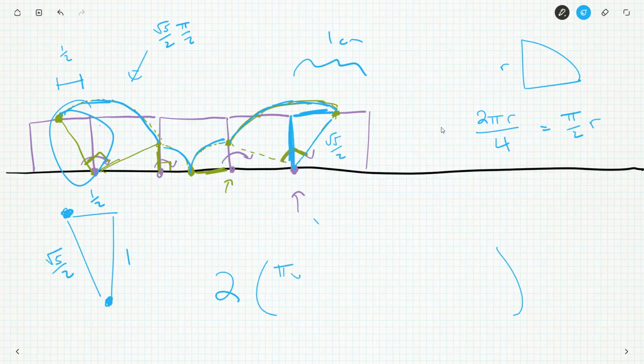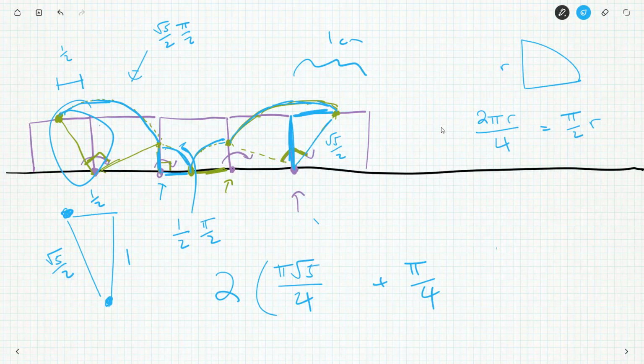So we'll get pi root 5 over 4. And then what about in here? We can see these quarter circles here have radius 1/2. So the perimeter is going to be 1/2 times pi over 2, so it'll be pi over 4 when we simplify that.